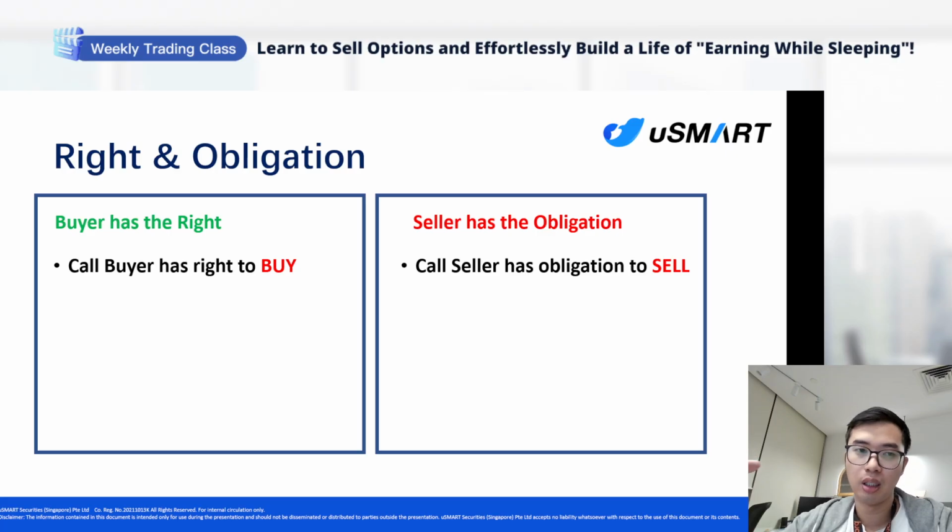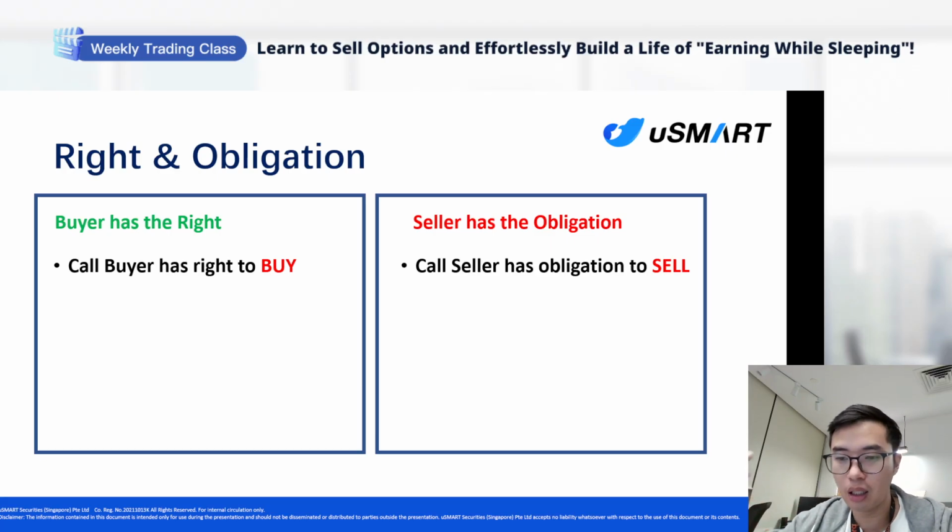Call selling means taking profits, because as a seller you have the stocks on hand, and you have to sell to the buyers if the option is exercised. So you all just think like that. As a call seller, you are basically taking profits if you have stocks on hand, like you have a house on hand.